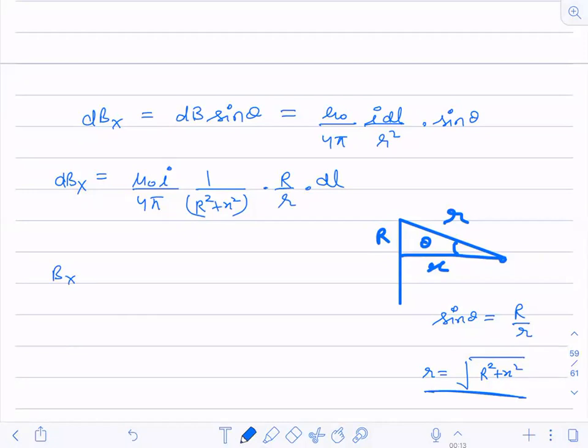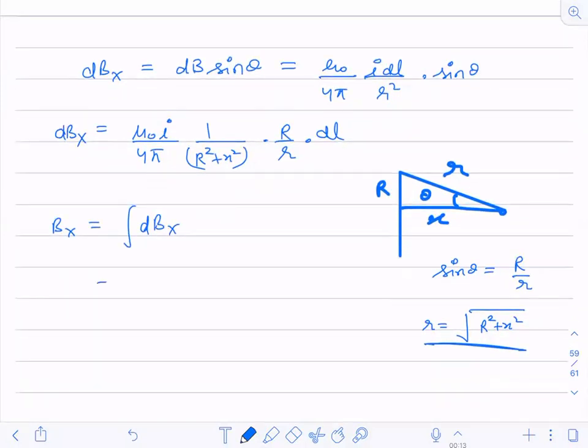Now the magnetic field along x-axis, I will integrate this dBx. So what I'll get: mu naught I divided by 4 pi, within bracket capital R square plus x square, into capital R, integral dl.